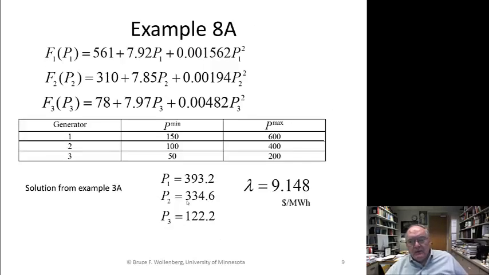Here's an example. This is the one in the book. Here are my three equations up here for the cost of operating the generators. Here are their limits. So I have 600 plus 400 plus 200, I have 1,200 megawatts, and I'm going to solve this for 850 megawatts of power.